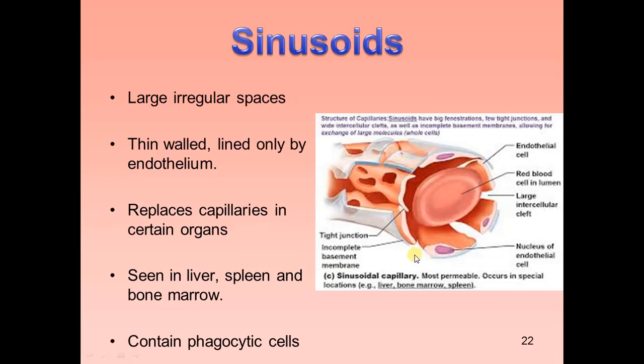They are called sinusoids of the liver. In the spleen also you see the sinusoids, and also in the bone marrow. Absolutely no smooth muscle fiber at all, only lined by endothelium. They contain some phagocytic cells for the defense mechanism. As I said, detoxification mainly takes place in the liver and also in the spleen. That is why the presence of phagocytes is the characteristic feature of these sinusoids.